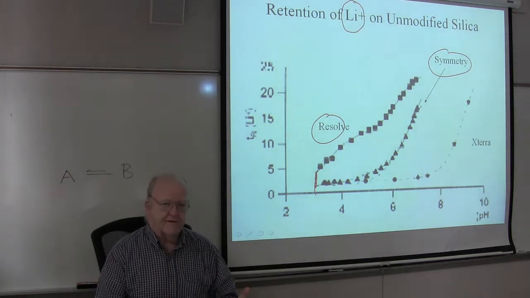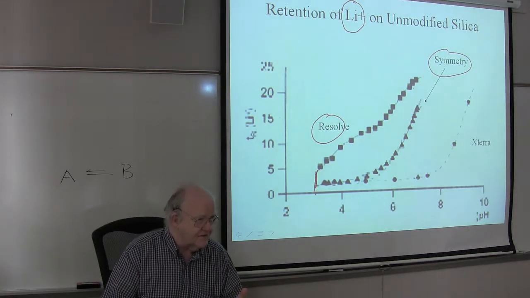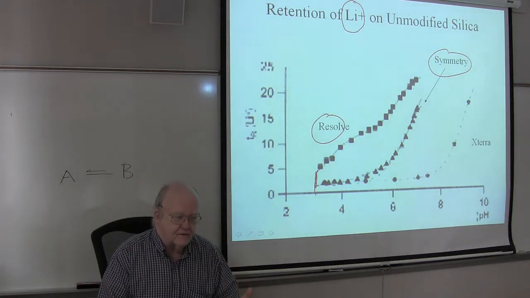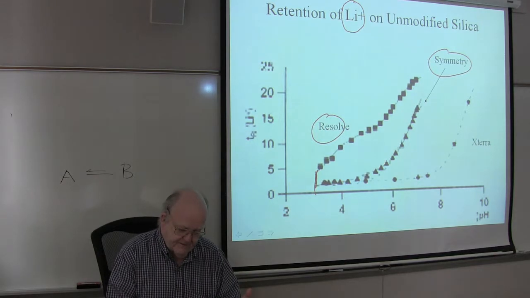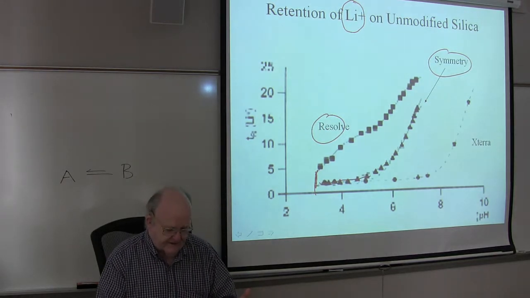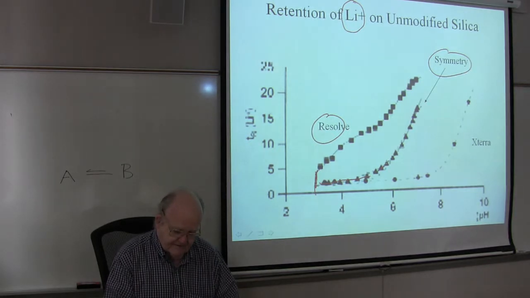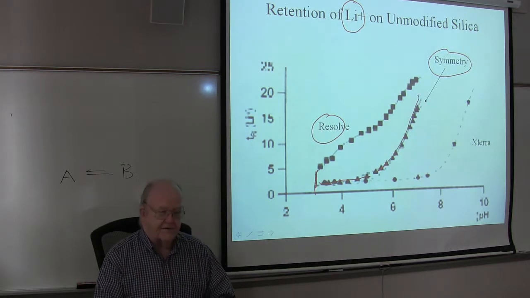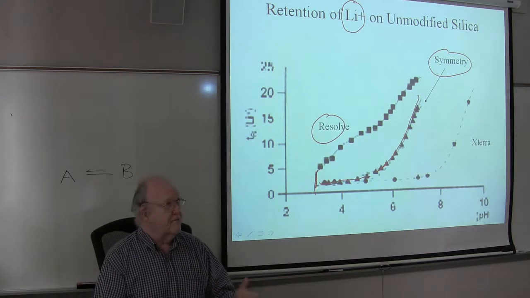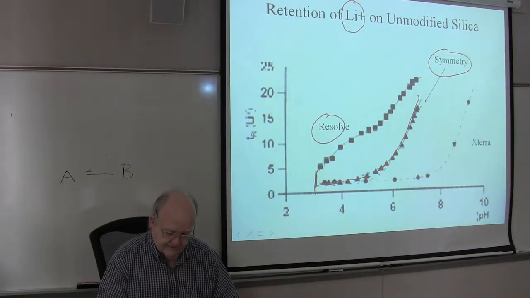I can't believe that this is due to hydrophobic interactions. This can only be due to coulombic interactions. The Symmetry is definitely better than the Resolve, but starting around pH 6, we see this rapid rise in the retention of the lithium, more and more ionized groups.